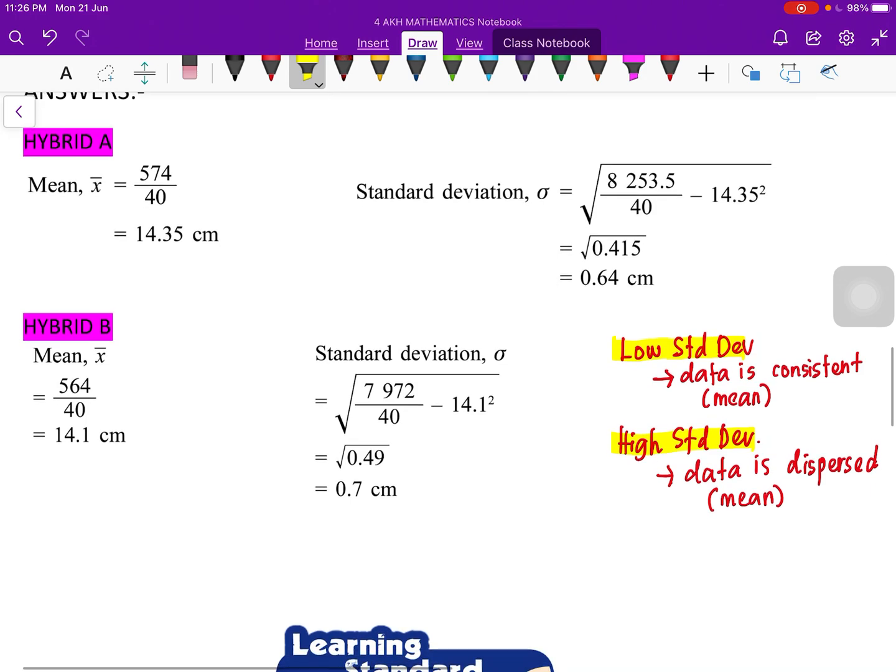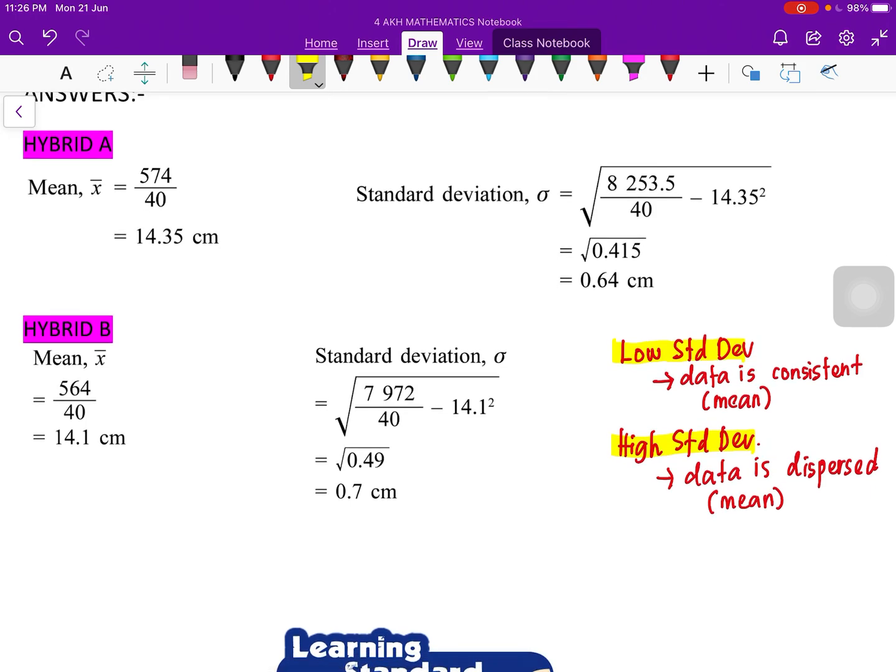Okay, so hybrid A produces a larger petals because the mean is larger than hybrid B. And the smaller standard deviation, which is 0.64, shows that the diameter of the petals is more consistent. So hybrid A lah the answer.